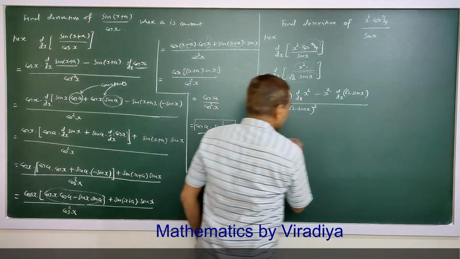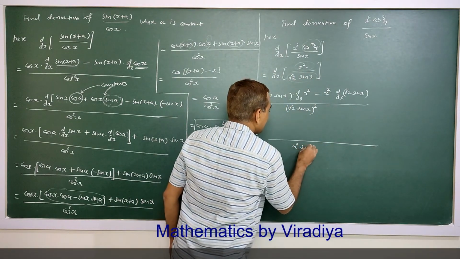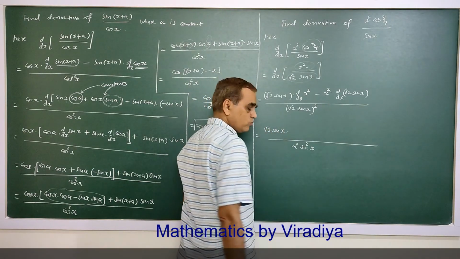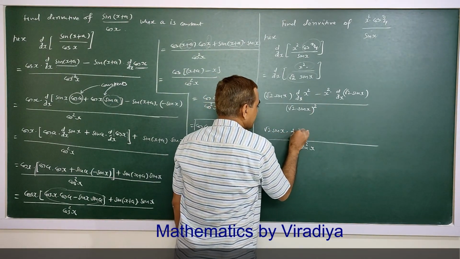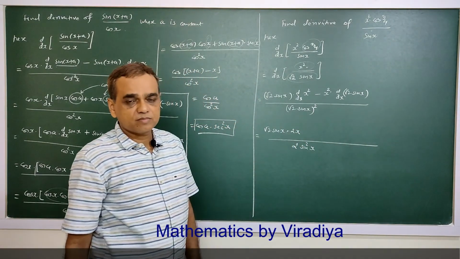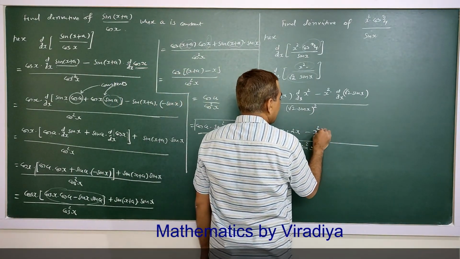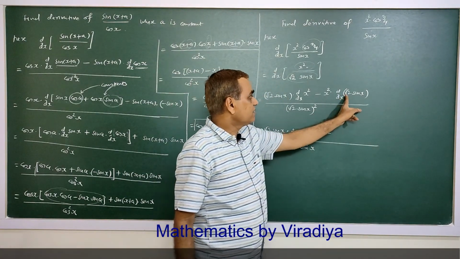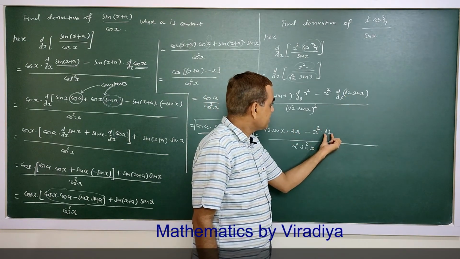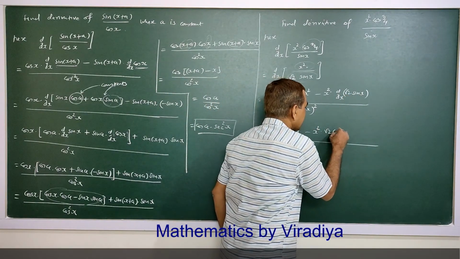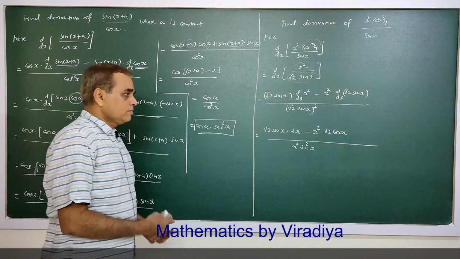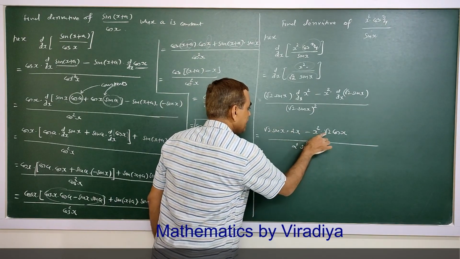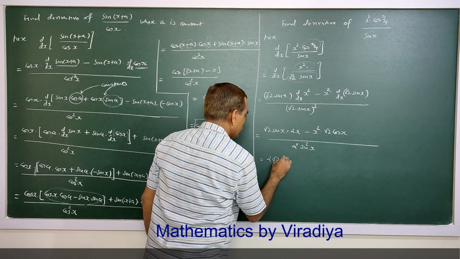So this is equal to root 2 sin x into derivative of x square, which is 2x, minus x square into root 2 into, root 2 is constant, so keep it as it is, and derivative of sin x is cos x. So here root 2 and x are common.